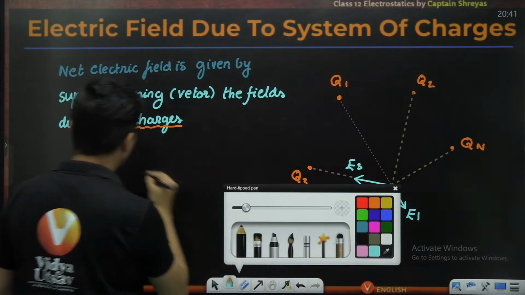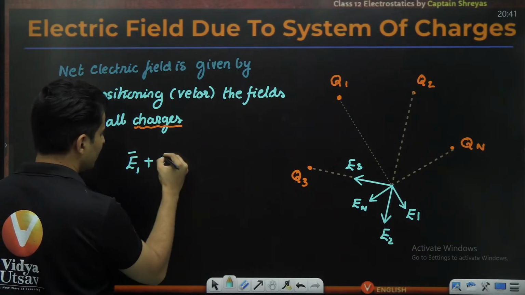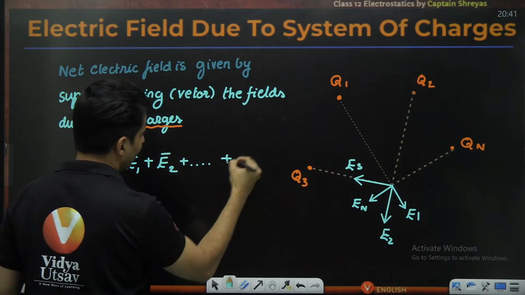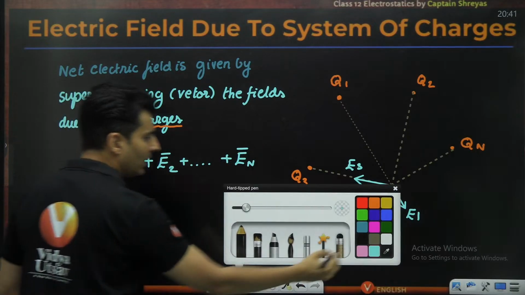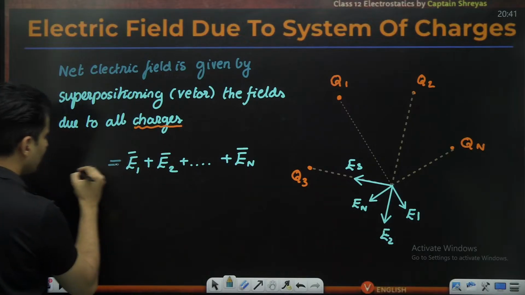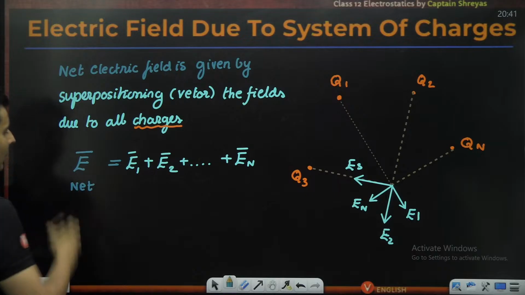So you find the field due to the first charge, find the field due to the second charge, do the vector addition till the nth charge. Please understand, I'm putting a vector symbol, that means vector addition. That will give you the net electric field at that point.